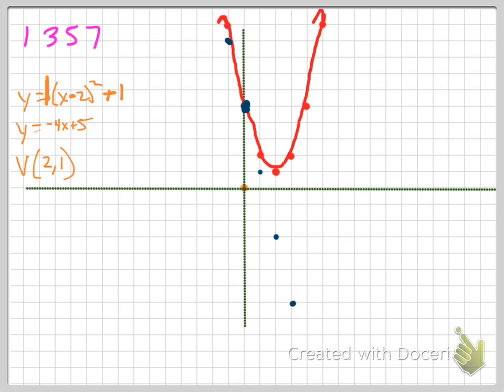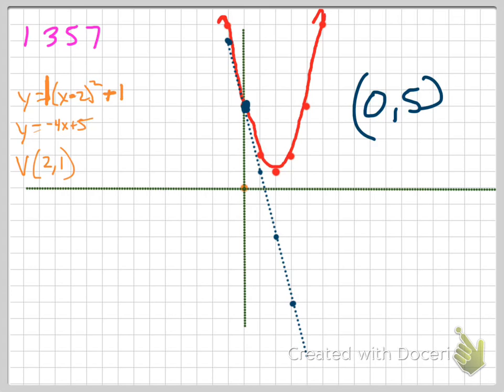This one's a little bit difficult to see, but it actually only hits that parabola in that one spot, because the line would tail off, and the red only hits the blue in that one spot. So the solution is 0, 5.